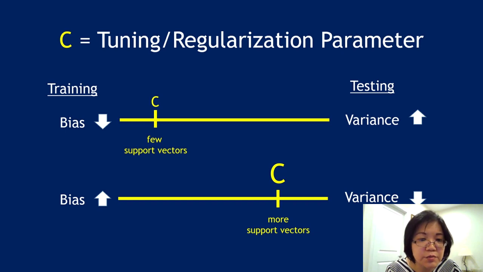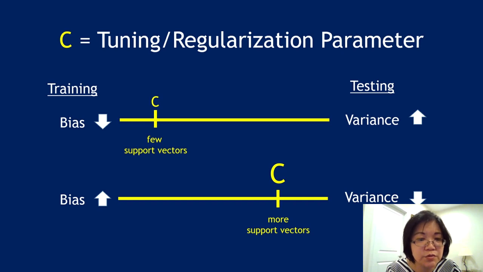Usually, because you allow more misclassifications, your training performance will suffer, which means higher bias. But usually we do that with the hope to reduce the variance. You don't always reduce the variance, but you tend to get that.